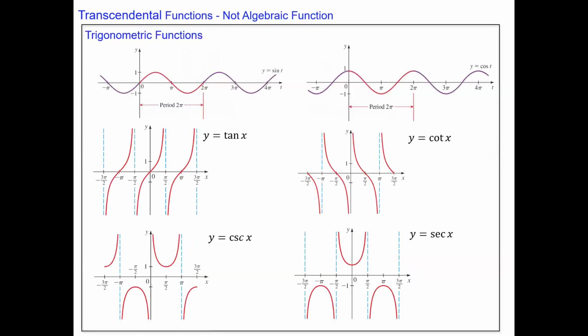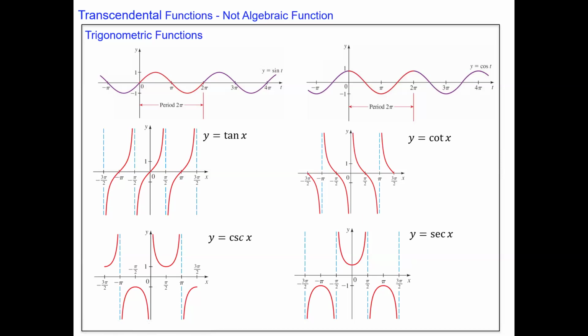And also we have beautiful trigonometric functions. Sine of t, cosine of t, tangent of x, cotangent of x, cosecant and secant. That's when we really have to know the graphs, because they will be important to analyze some calculus.